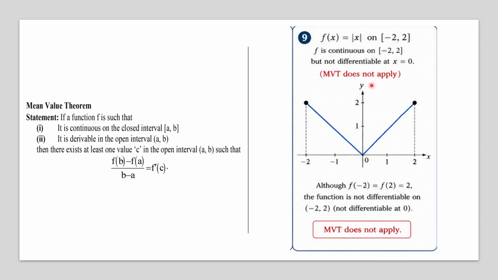So the mean value theorem does not apply, because the second condition is not fulfilled. Although f of minus 2 is equal to f of 2, the function is not differentiable at 0. The mean value theorem does not apply in the interval minus 2 to 2.